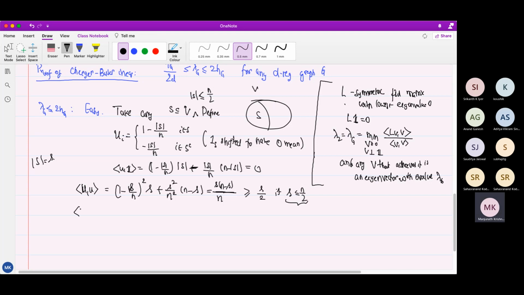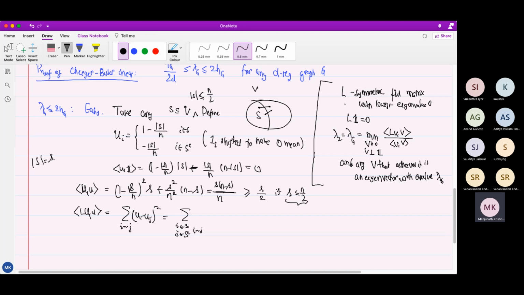Whereas the quadratic form, Lu inner product u, what is it? It is the summation of (u_i minus u_j) squared over i adjacent to j. Now you see that it only comes if, because u is constant on S and constant on S complement, only edges going across S will get any contribution. So you get only i in S, j in S complement, and i adjacent to j.